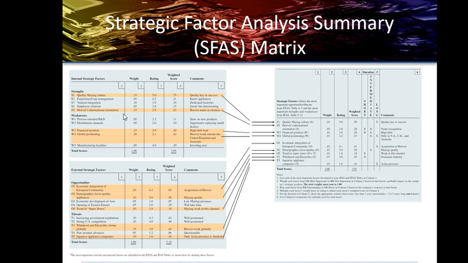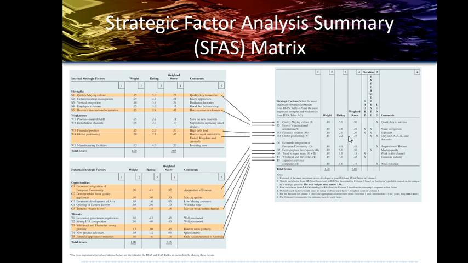Now, this portion of the table was at the end of chapter 4, if you still remember. This table, the internal strategic factors, was at the end of chapter 5. Now we combine them together, combining the strengths and weaknesses with the opportunities and threats, and we come up with the result.